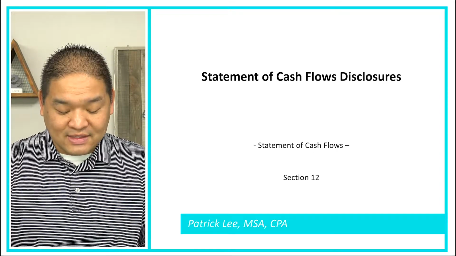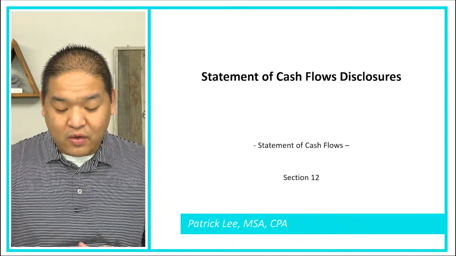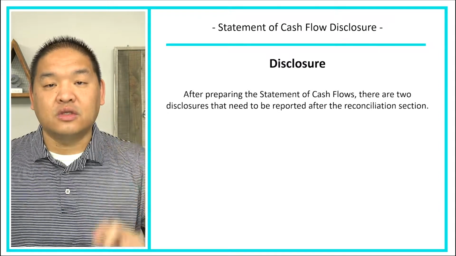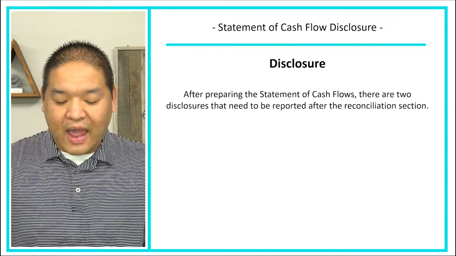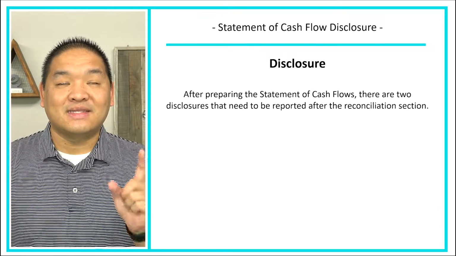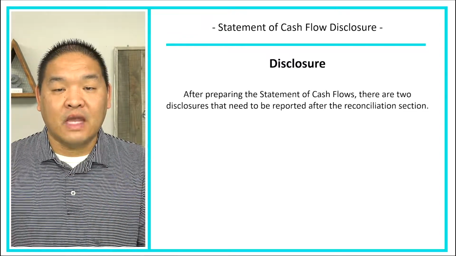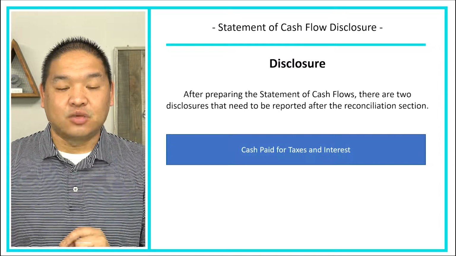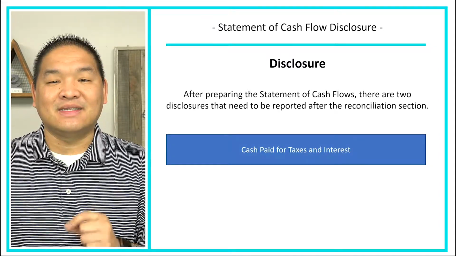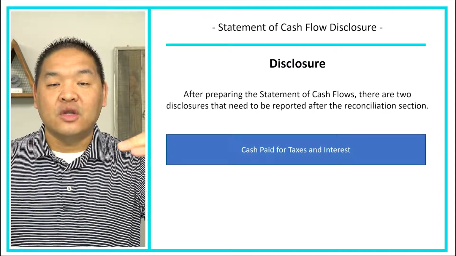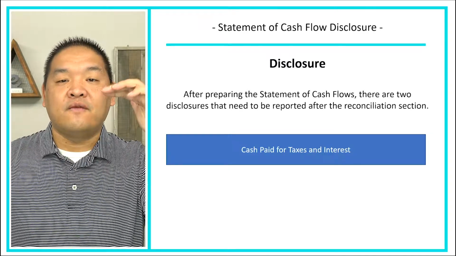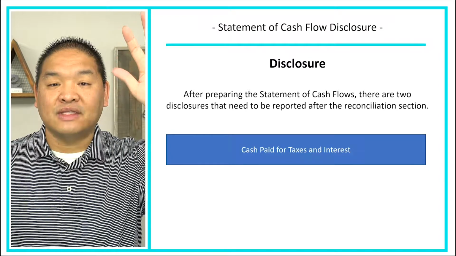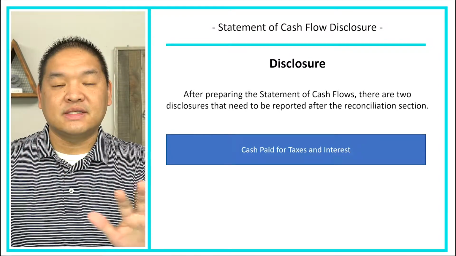So let's take a look at the statement of cash flow disclosure. After preparing the statement of cash flows, there are two disclosures that need to be reported after the reconciliation section. The first disclosure you're going to need to report is cash paid for taxes and interest. Now, those are normally in your operating section, so we're not changing the reconciliation at all.